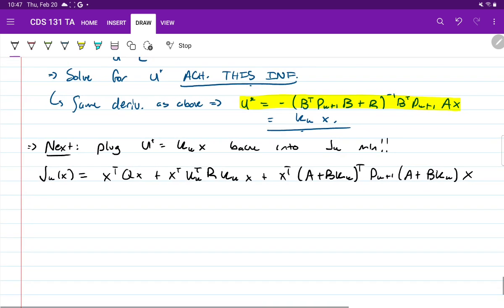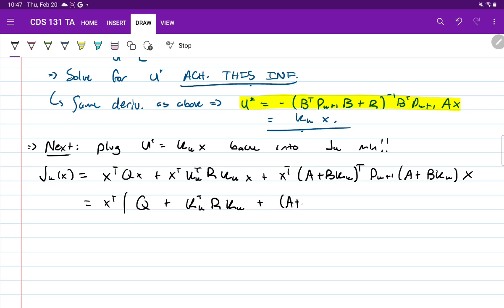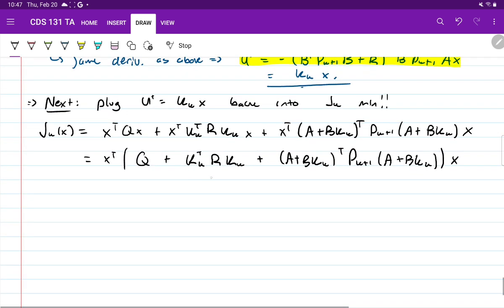And what I can then do is pull out this x transpose, then Q plus Kk transpose R Kk plus (A plus B Kk) transpose P_{k+1} (A plus B Kk), times x.